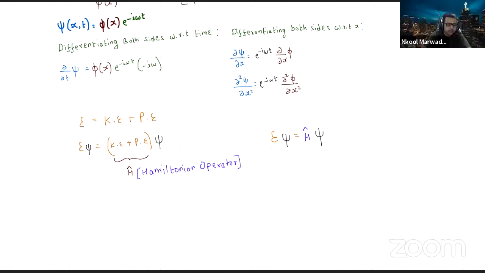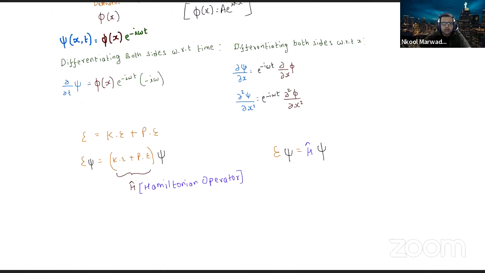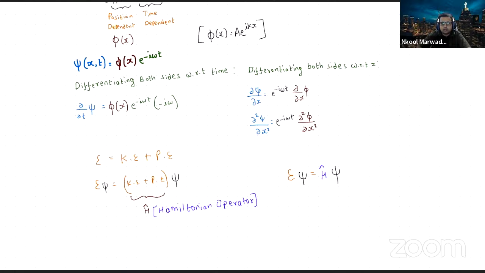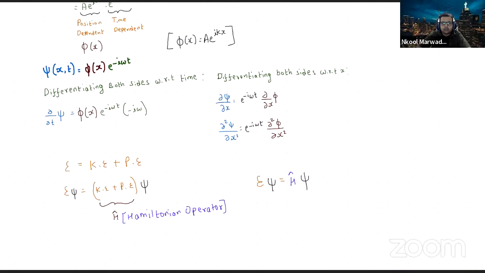Now we will write the final step. Whatever equations I got earlier, I will mark them. This equation and this double square equation.